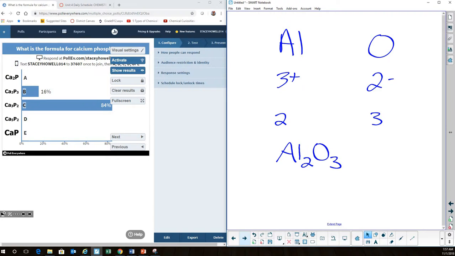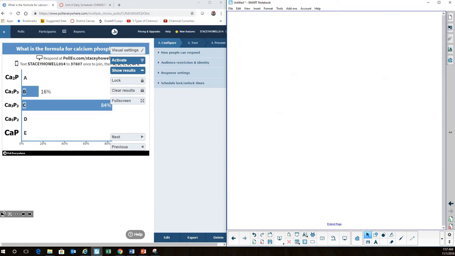Okay, so let's do one more. I want to try this one with you. So let's do zinc and C. But here I'm going to give you the charge of C as being a -4 because it's going to be the carbide, not carbon.